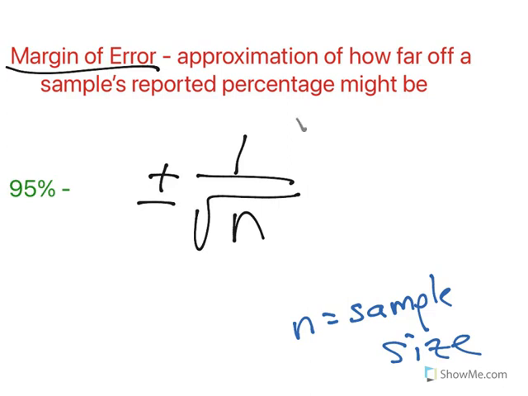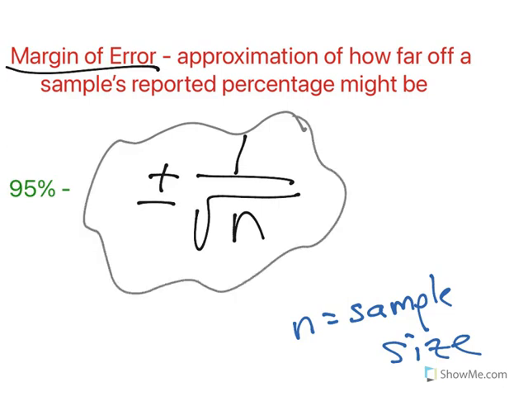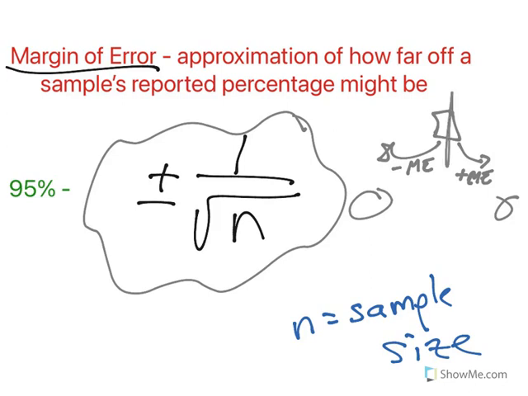So our estimation is 1 over the square root of n, and it's plus or minus because when you have your value, we subtract the margin of error on the left and add the margin of error on the right, and that gives you the interval. We need a low end and a high end, and your sample value from your survey is going to be right in the middle.